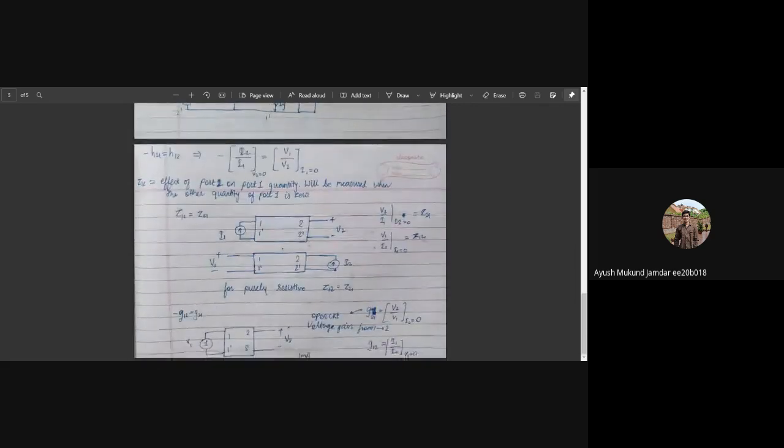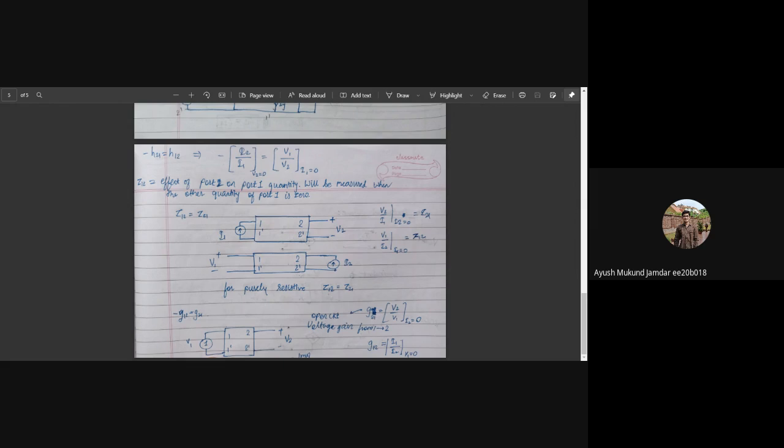Again, going ahead, how reciprocity can be applied. I just said H21 is minus H12 in the first example. What does it mean? H21 is I2 by I1 when V2 is equal to 0, and H12 is V1 by V2 at I1 equal to 0.